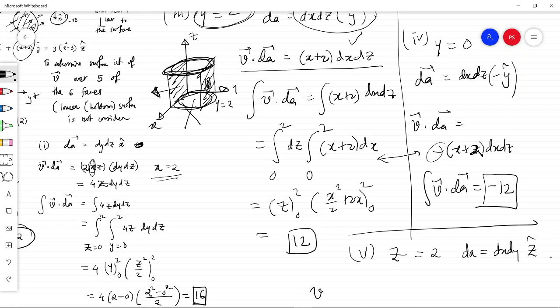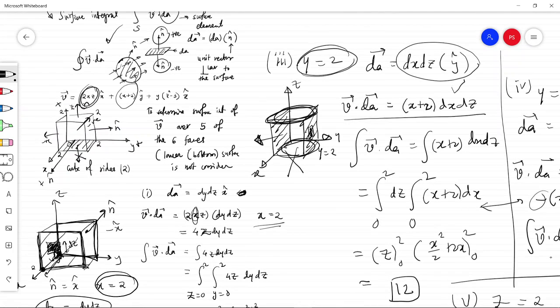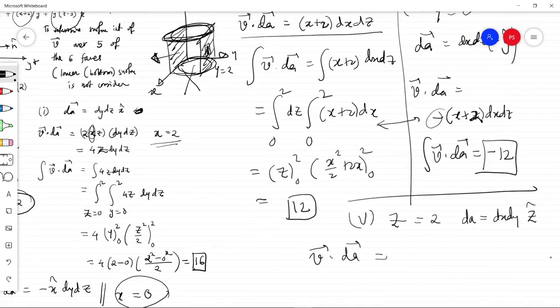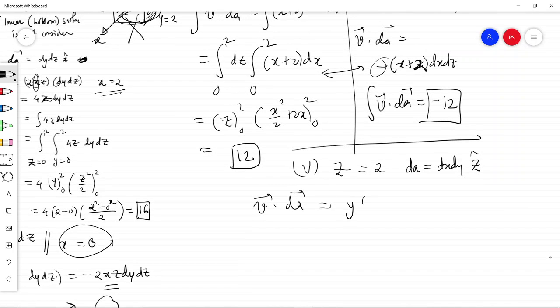So v bar dot dA bar in this case would be, the z component of v bar, y into z squared minus 3 dx dy. Since z is equal to 2, this simplifies to 4 minus 3 dx dy, which is y dx dy.